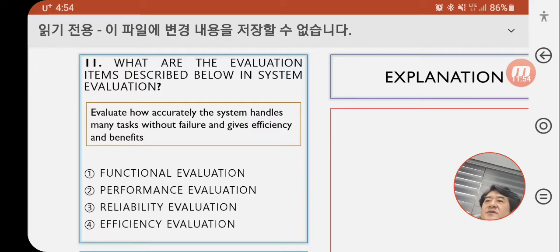Which one is correct? Number 1, functional evaluation. Number 2, performance evaluation. Number 3, reliability evaluation. Number 4, efficiency evaluation. The correct answer is reliability evaluation.